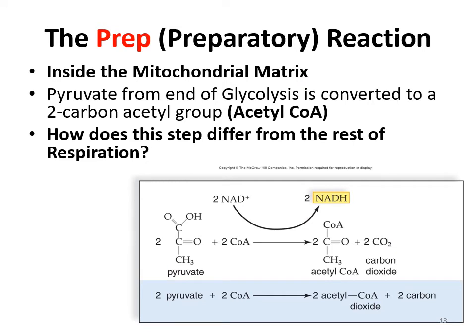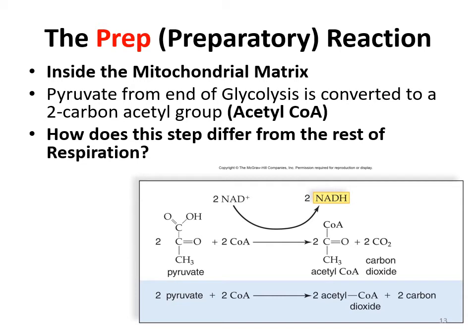Now, what if there is oxygen? What happens next after glycolysis? Well, instead of fermentation happening, the pyruvate will go into the next step of cellular respiration, and that step is the prep reaction. Again, we've already mentioned that this occurs inside the mitochondrial matrix. What's something important to remember about the prep reaction versus all the other reactions? No ATP is produced.